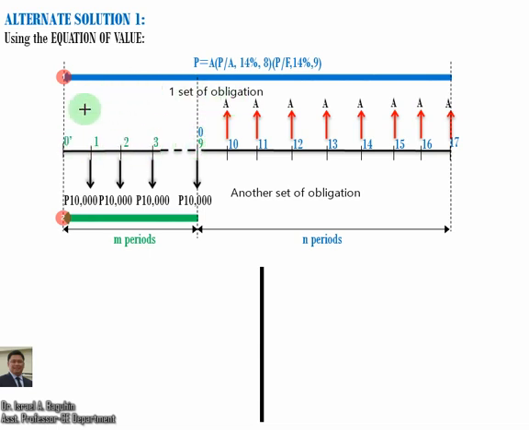Okay, so just concentrate your mind on top of this horizontal axis, which is referring to the periods. So there is a presence of a deferred annuity here since we don't have an annuity, and then the annuity just started on the 10th year until the 17th year.